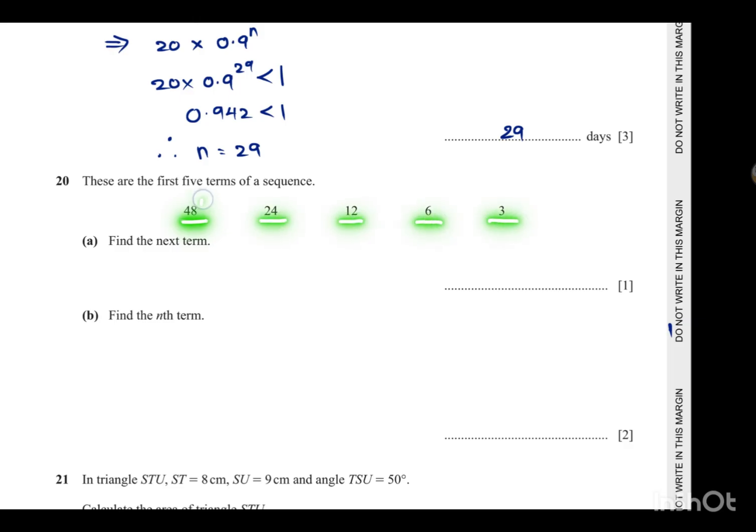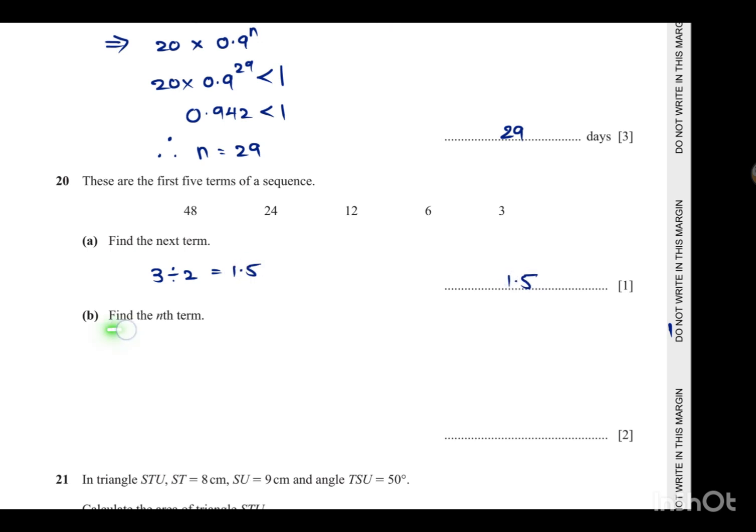So when you go one by one, it's getting halved. 48 halved is 24, 24 halved is 12, 12 halved is 6, 6 halved is 3. So it's a geometric progression. Now the next term will be just half of 3, that is divided by 2. It is 1.5. The next term is 1.5.